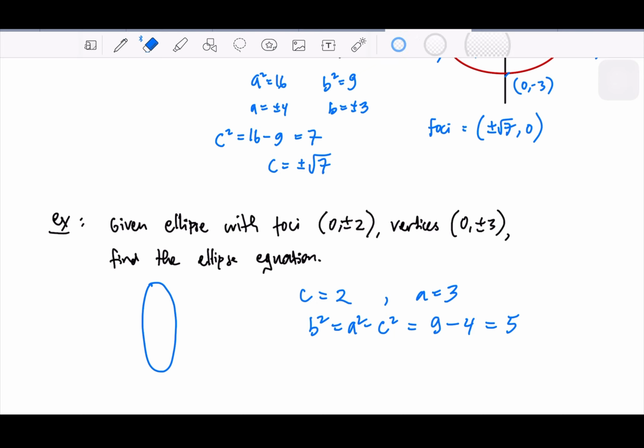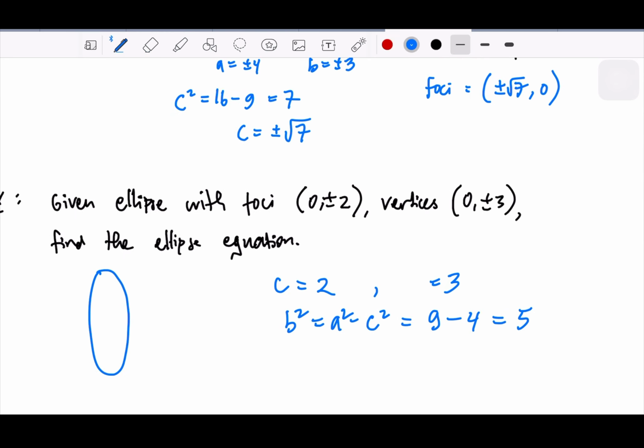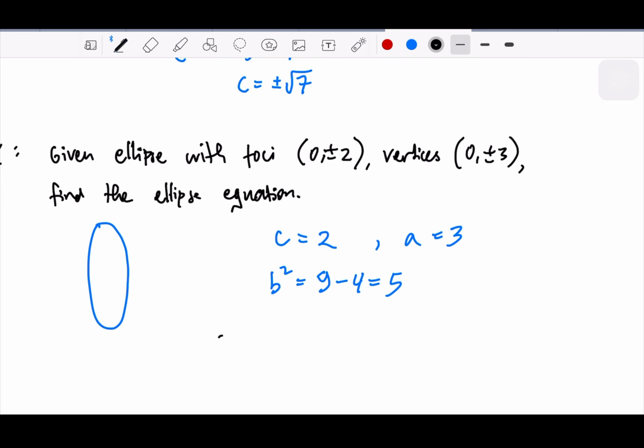But it's actually, well, you can write it like this, but I think it's better to write this B. We need to keep it consistent. Okay, sorry about this. Or maybe just write like this. Okay, I hope you still get the idea here. And then we can write that x squared over 5, and then y squared over 9, equals 1.